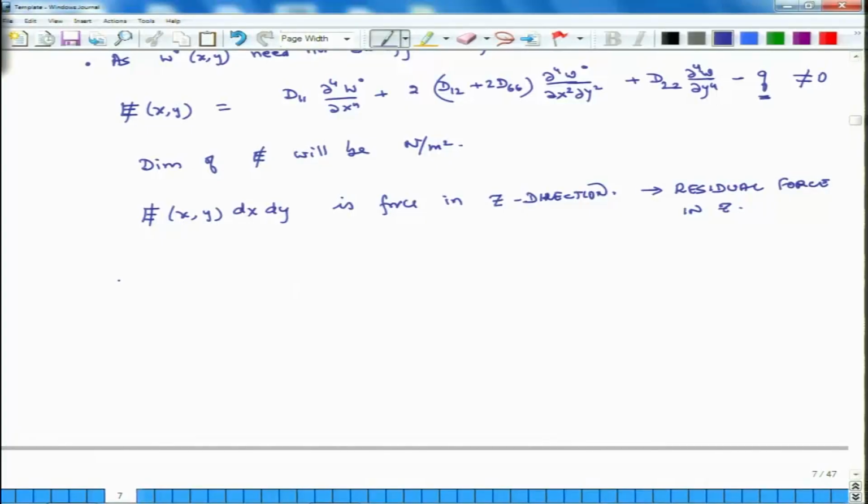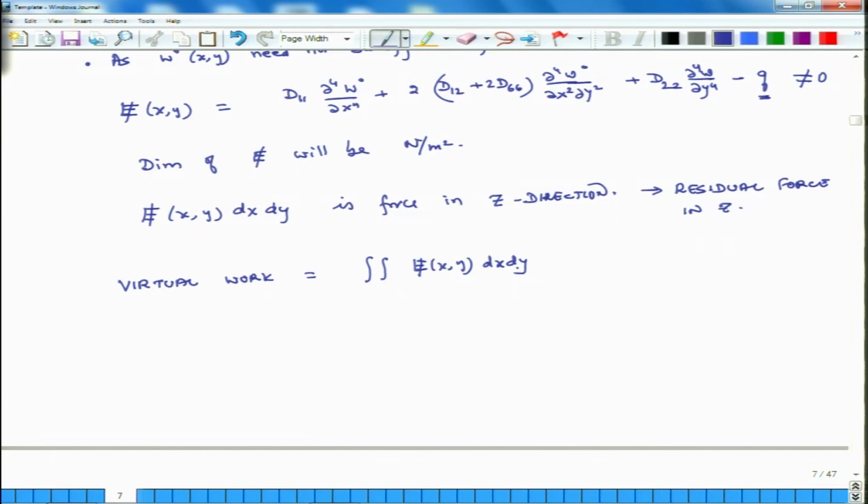So, virtual work in this case will be, if I integrate this error times dx dy.